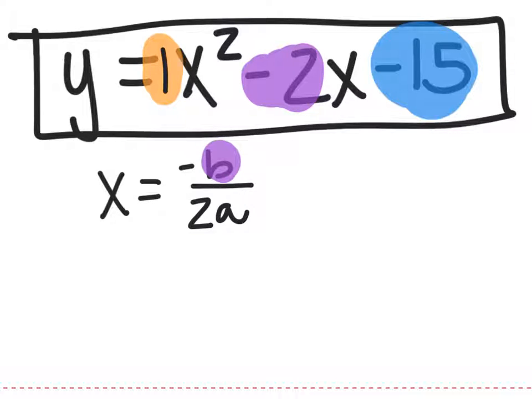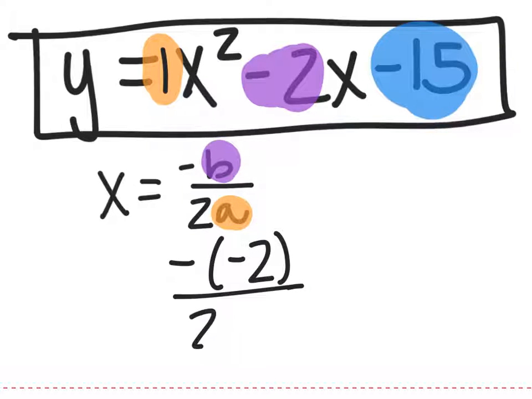So I'm going to plug in: negative, and instead of b, I'm going to put negative 2 there, divided by 2 times, instead of a, I'm going to put 1. Again, the negative 2 is there because that was the number in front of x, and the 1 is in the bottom because that was the number in front of x squared.